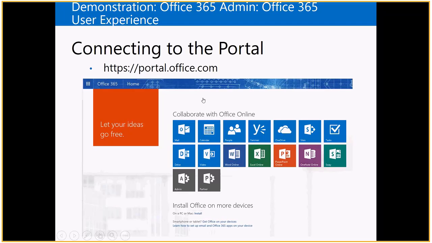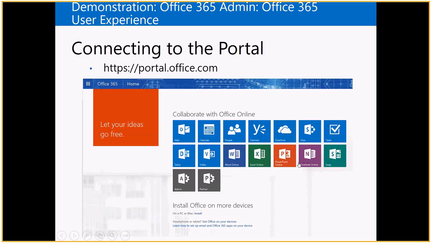And when you log in, this is the home page that you will see. And you have links to all the main tools: your mail, your calendar, your contacts, Yammer, your OneDrive, your SharePoint site. There are a couple other tools that we'll talk about in a little bit.